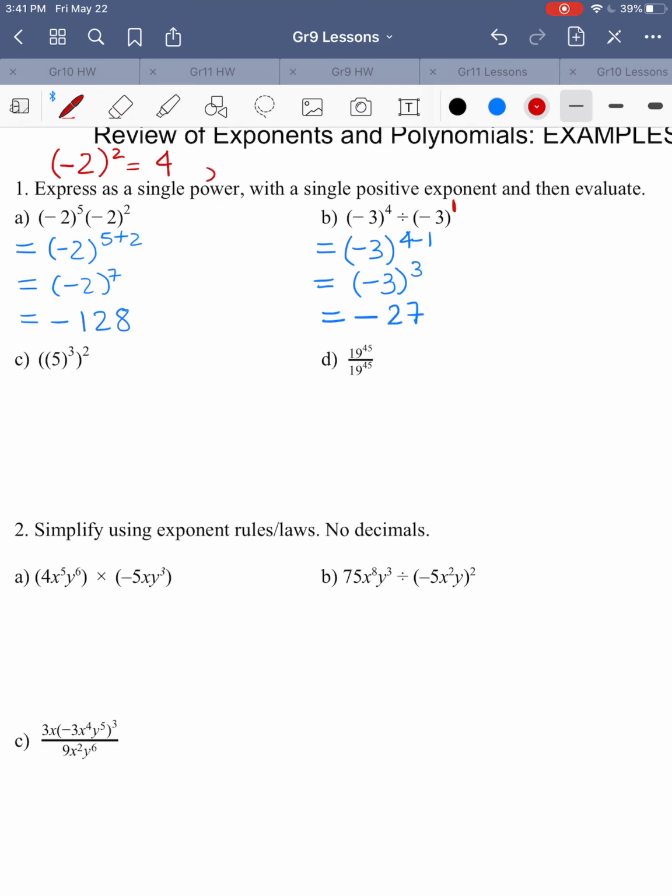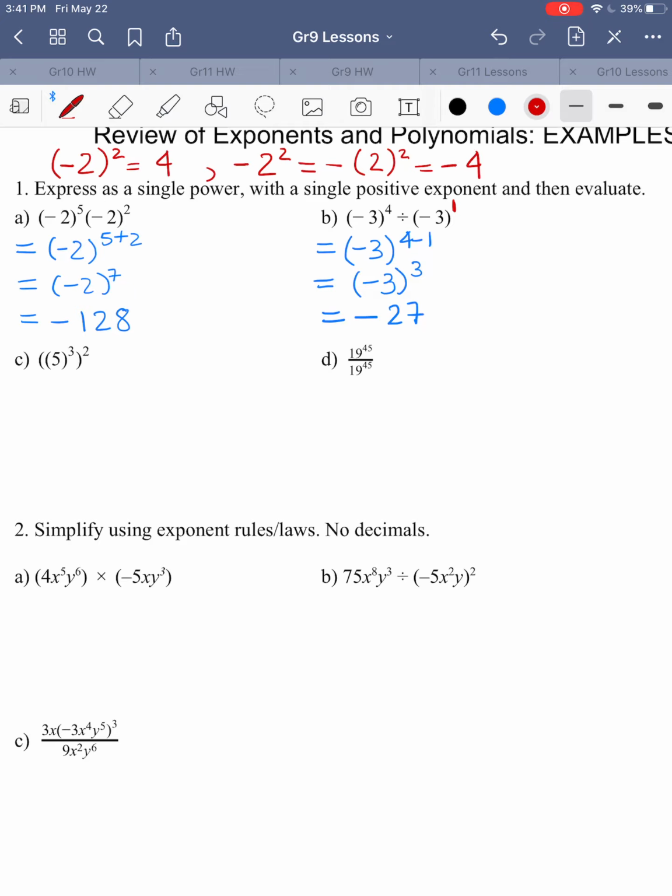Now, if we have negative 2 without a bracket and then to the positive 2, that is the same as having a negative out in front and then just positive 2 squared. And positive 2 squared would give us positive 4, and then we would just be throwing that negative in front of it. So those are two different situations, and you need to make sure you take note as to whether there are brackets around that negative sign or not.